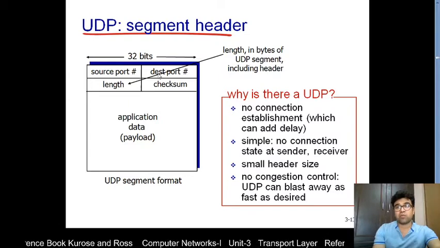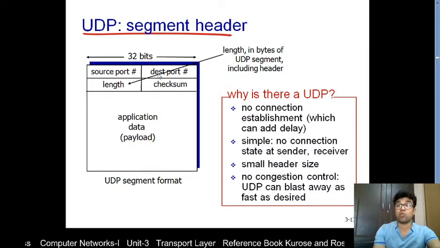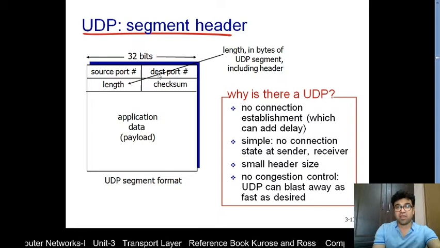These port numbers are given to well-known servers only. Like HTTP is given port number 80, SMTP, Simple Mail Transfer Protocol, is given port number 25. In the same way, FTP is given 20 and 21, and in the case of DNS, the port number is 53.